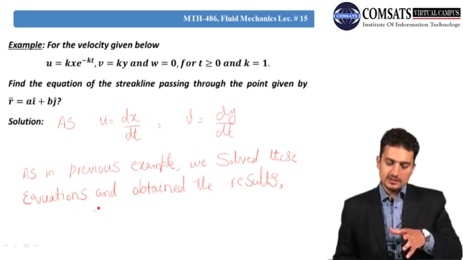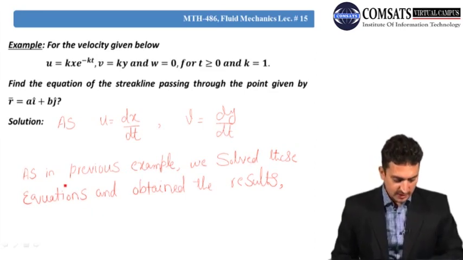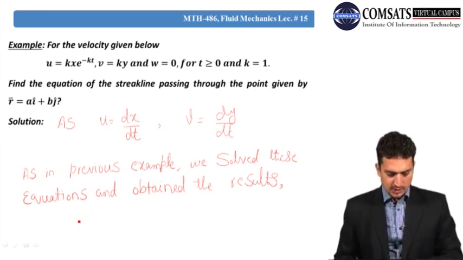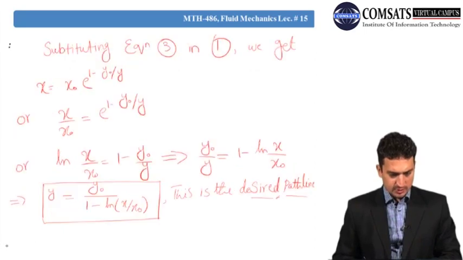So we solved these differential equations making use of these components of the velocity. When solved, the answer came out to be x is equal to x naught e to the power 1 minus e to the power minus t, if I am not wrong.